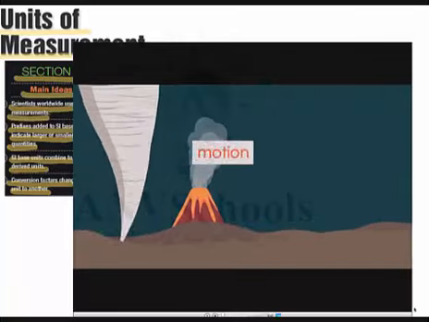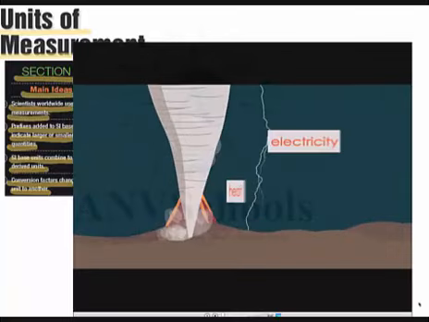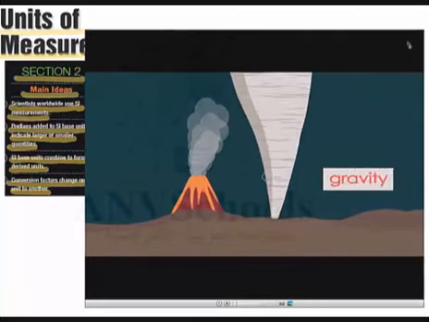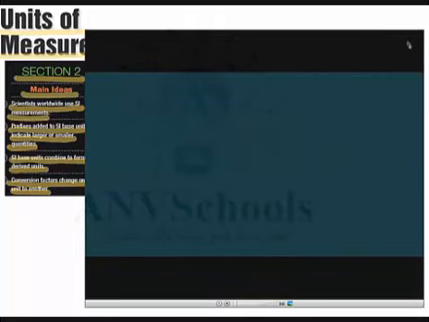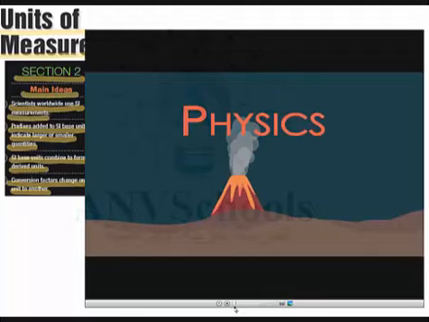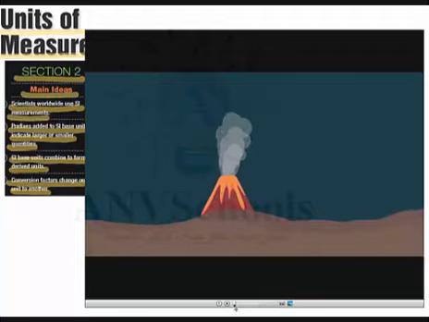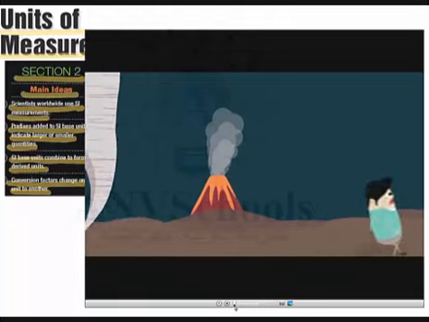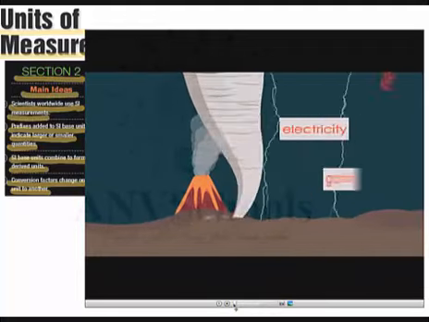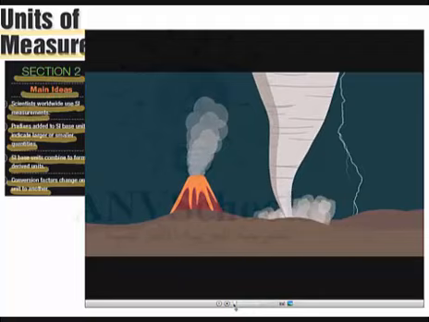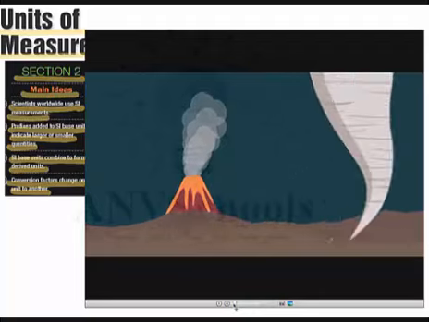So human beings have to look for measurements for these things, like in physics, where people might want to know what motion is, heat, how they can measure electricity, gravity, and so forth.